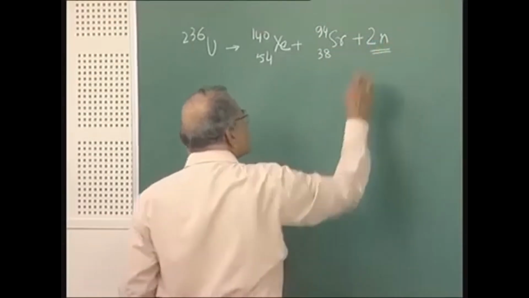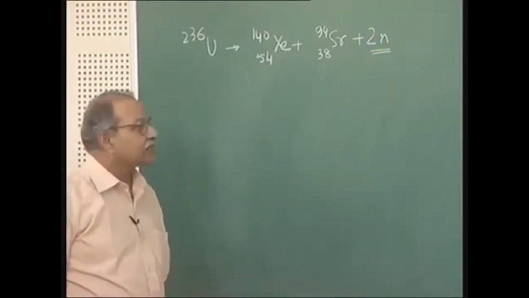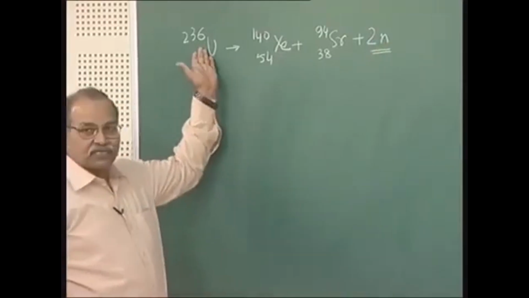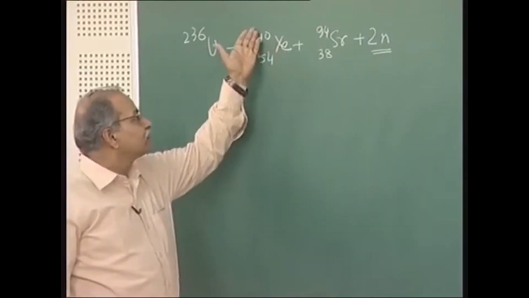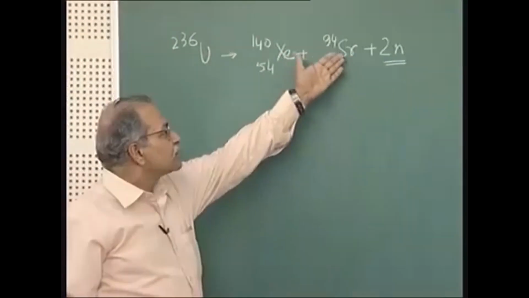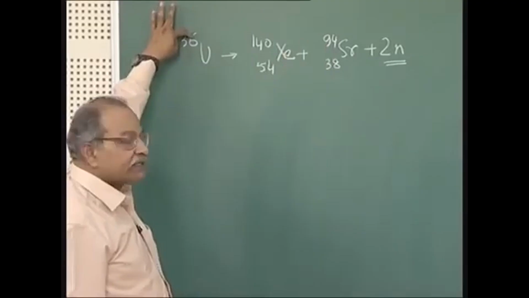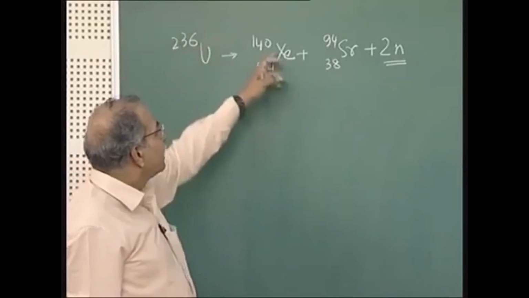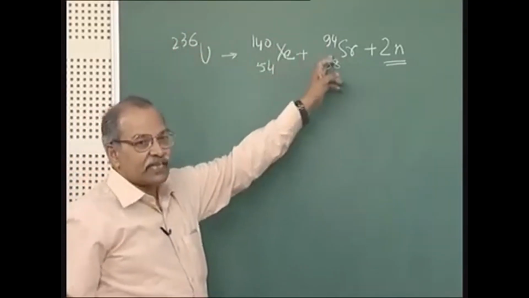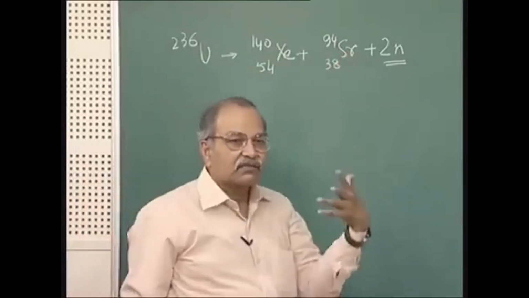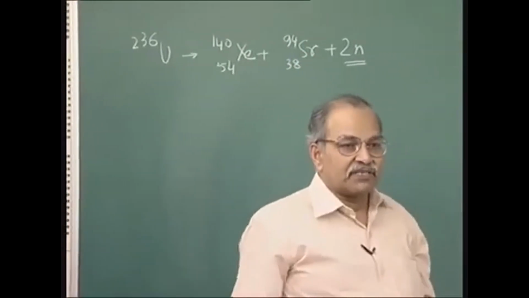So, what is this plus 2 neutrons? Why are they here? This breaks into two parts. One part is this xenon 140, the other part is strontium 94, but of these 236 nucleons, only 234 are there in these two fission fragments and 2 neutrons are emitted together with the fission.